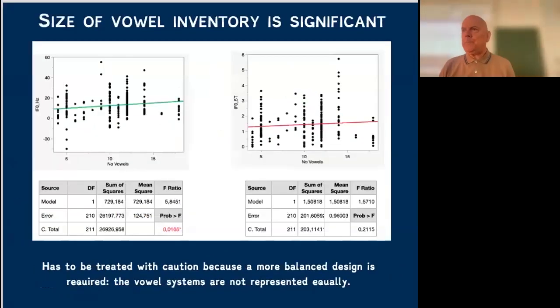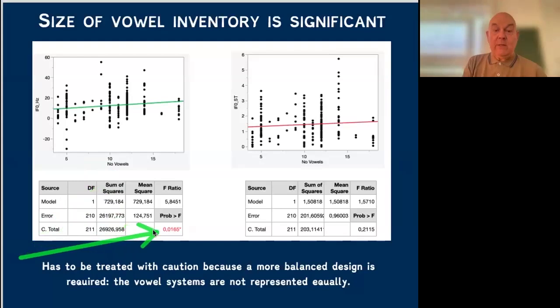Probably more interesting than differences between languages is, are there any differences in terms of the number of vowels that you find in the phonological systems of those languages? Whalen and Levitt argue that on the basis of their analysis, it's not significant. I've done the analysis again, and on a fundamental frequency, a Hertz scale, in fact, there is a significant difference.